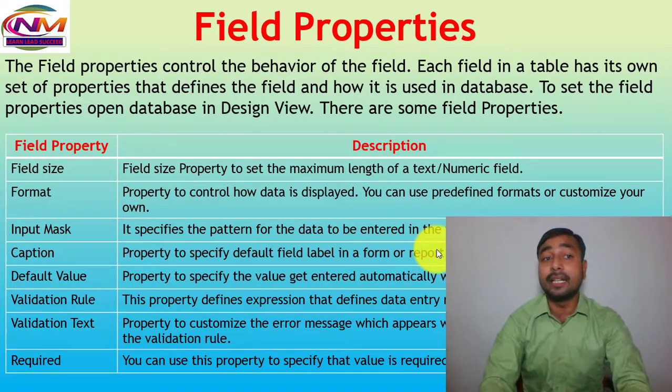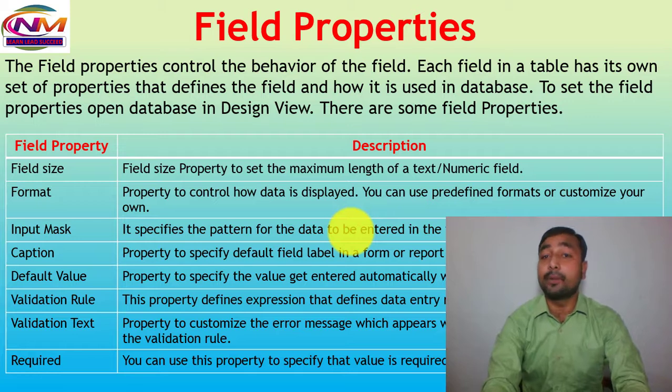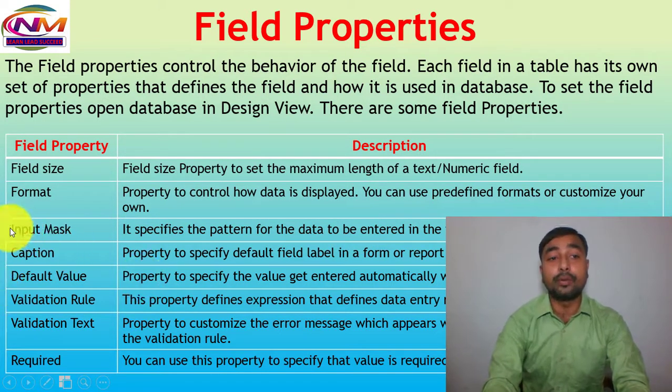Each field in a table has its own properties that define the field and how it is used in a database. I'm going to show you how many field properties there are and their descriptions also, that is, what type of field properties are available for a particular field. So one by one I'm going to deal.